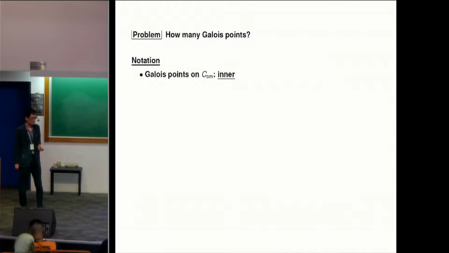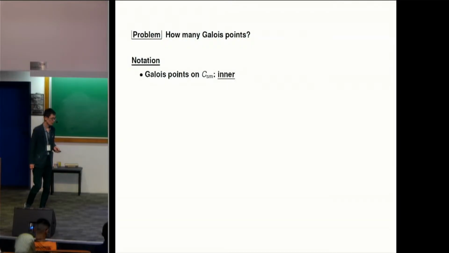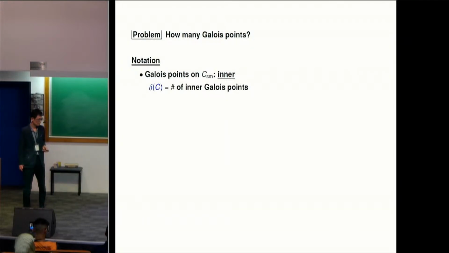Points on C: if a point is Galois and a smooth point of C, then we call such points inner Galois points. The number of inner Galois points is denoted by delta(C).